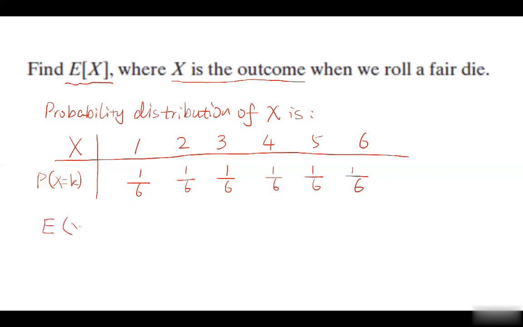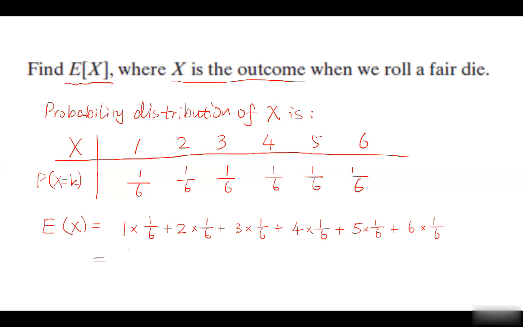So what is EX? According to the definition, EX is value times the corresponding probabilities and then sum, right? So it equals 1 times 1 over 6 plus 2 times 1 over 6 plus 3 times 1 over 6 plus 4 times 1 over 6 plus 5 times 1 over 6 plus 6 times 1 over 6, right?